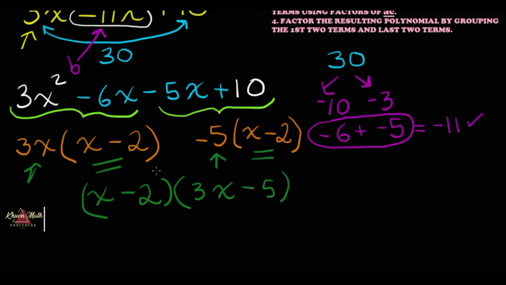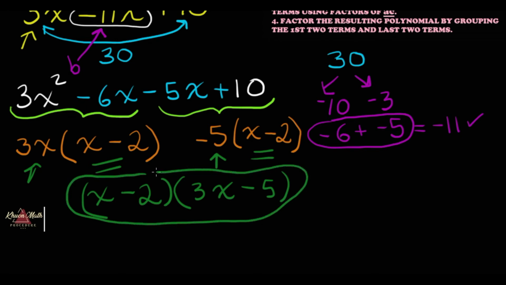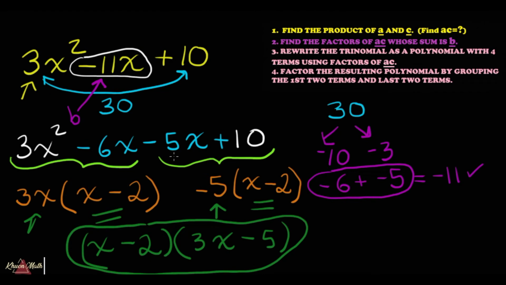So this right here are the factors of the original trinomial. Now, what do you get when you multiply these 2 binomials? When you multiply the 2 binomials, you're going to get the original trinomial, which is 3x squared minus 11x plus 10.